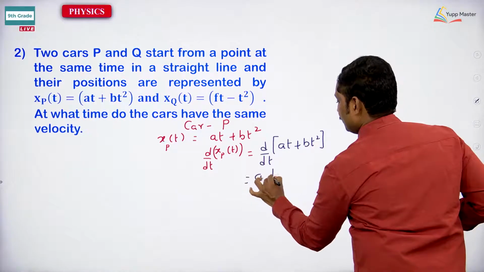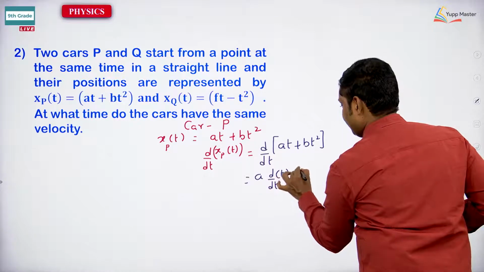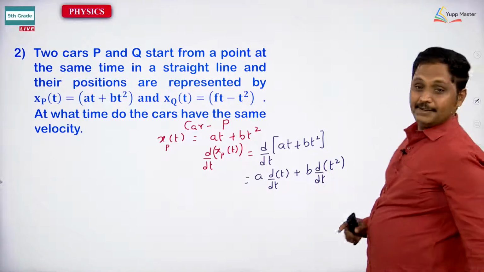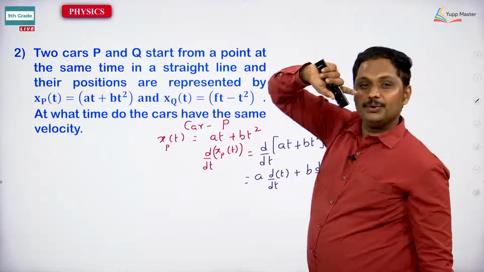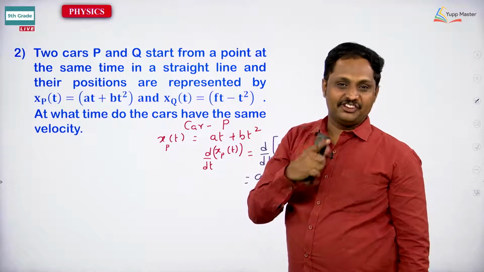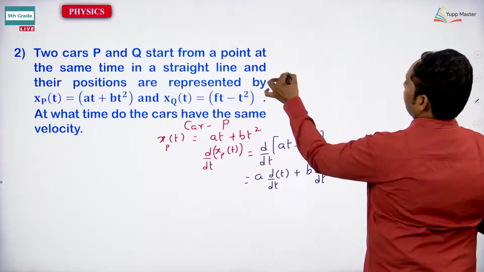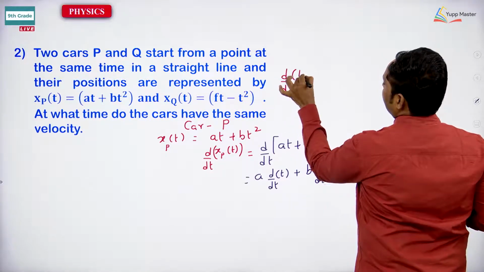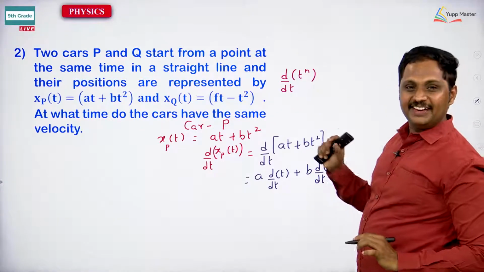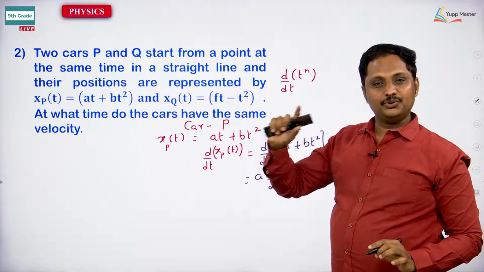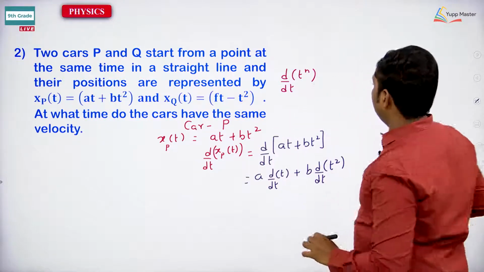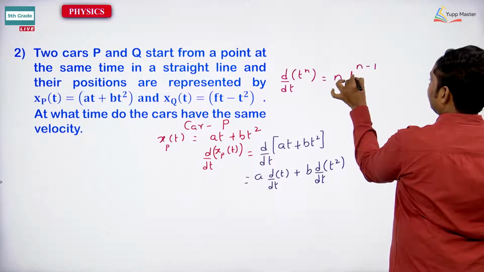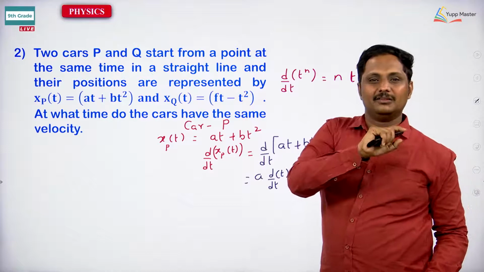So, a into d by dt of t plus b into d by dt of t square. Now, you have one formula for differentiation. It is better to remember, d by dt of t power n, where n stands for 1 or 2 or 3, whatever it may be, is equal to n into t power n minus 1. This is the general notation.